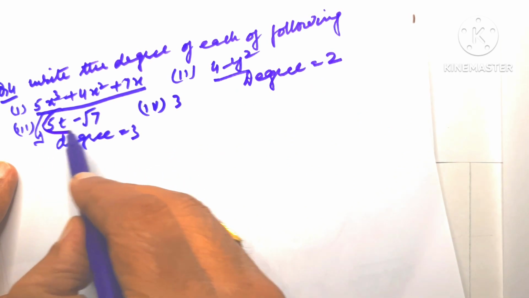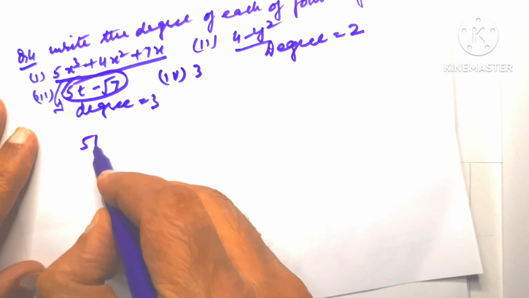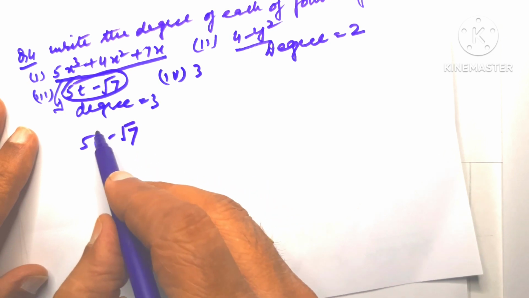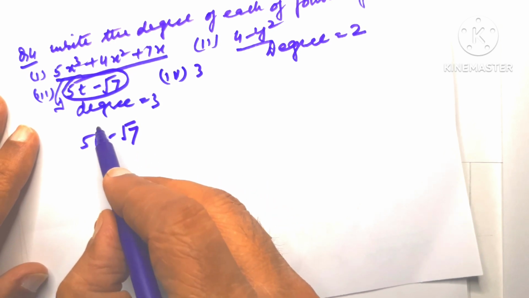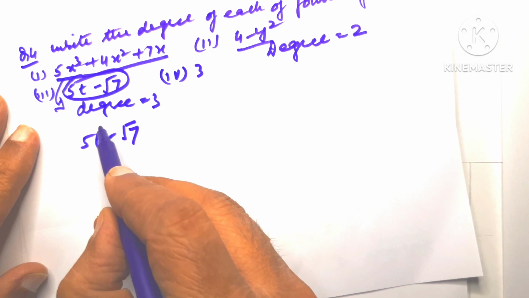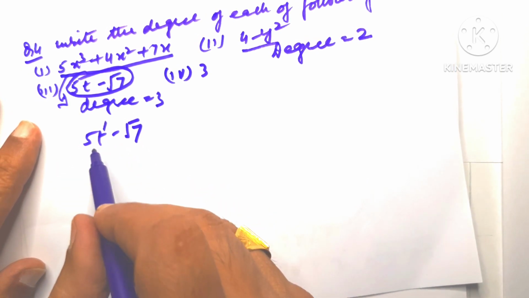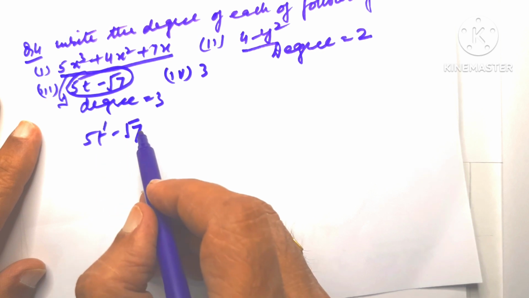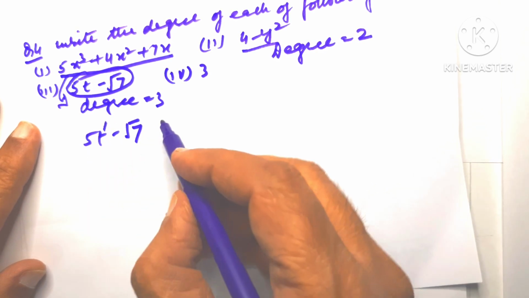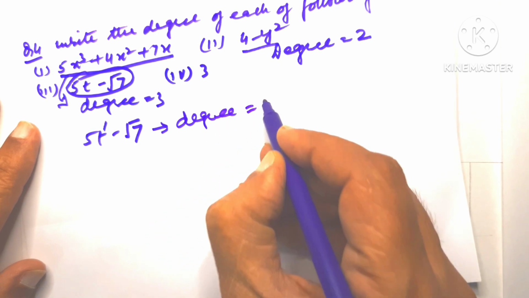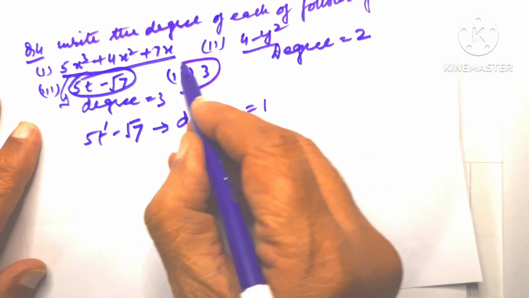Now let us take this one. 5t minus under root 7. What is the exponent of t? It is 1. When it is not written, it always means 1. So the maximum power of the variable is 1, so degree is 1. Now this question.